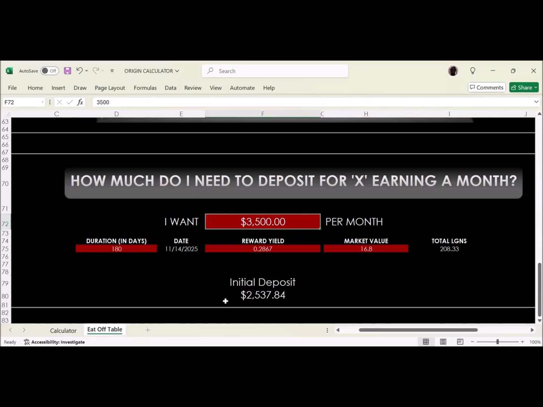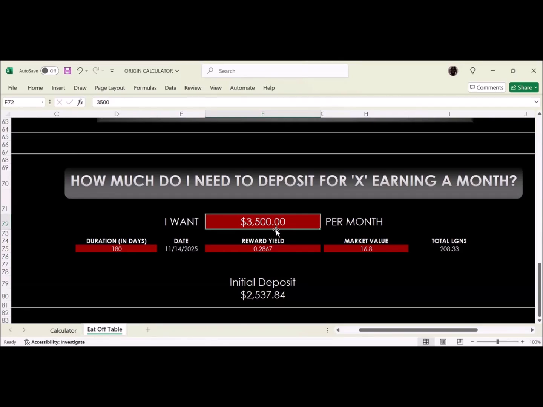Well, look at this. If you deposited $2,500 and you let it compound for 180 days, ladies and gentlemen, 6 months, your principal balance would grow to the point where you could withdraw $3,500 a month and never touch the deposit.